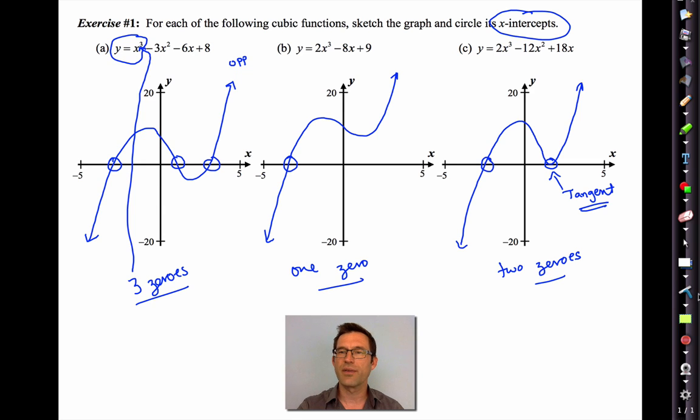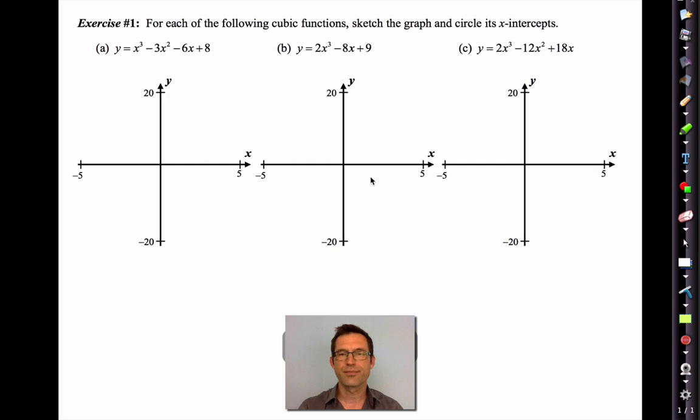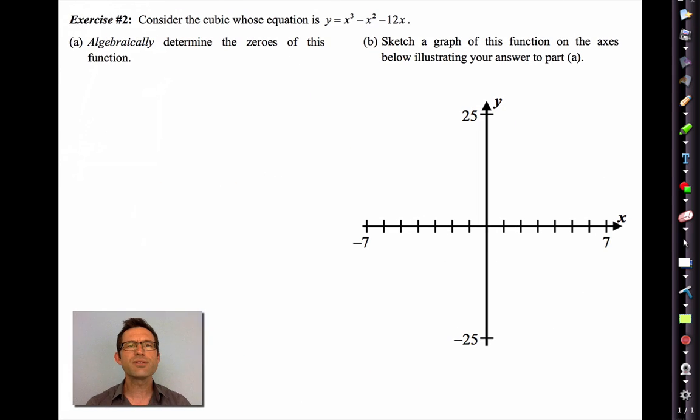All right, let's clear out this text. All right, in exercise number 2, it says consider the cubic whose equation is x cubed minus x squared minus 12x. Letter A says algebraically determine the zeros of this function.